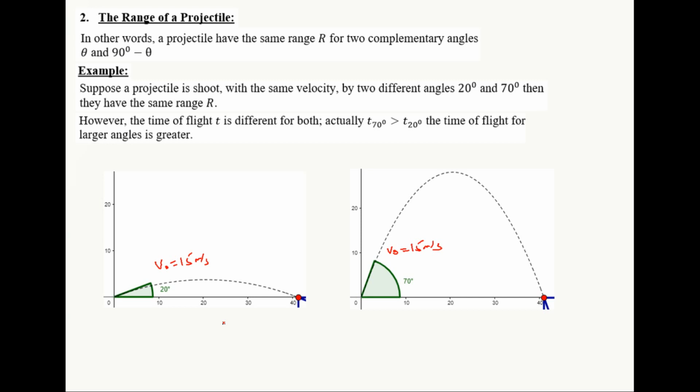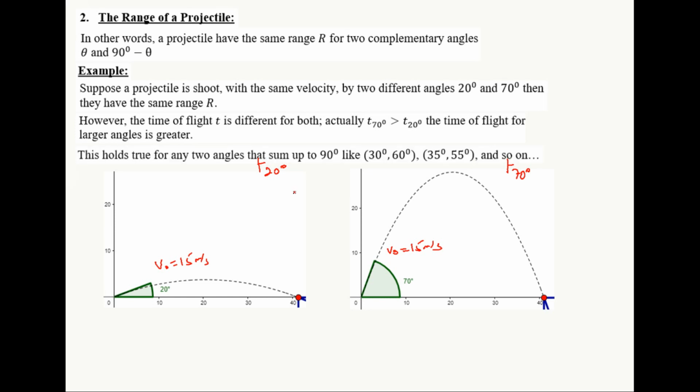Actually, because now we know that the time of flight increases when theta increases, let me say this one has a time of flight given by t 70 degrees, and this one has a time of flight given by t 20 degrees. Although both have the same range because these two angles are complementary, what is different is that the time of flight for 70 degrees would be greater than the time of flight for 20 degrees.